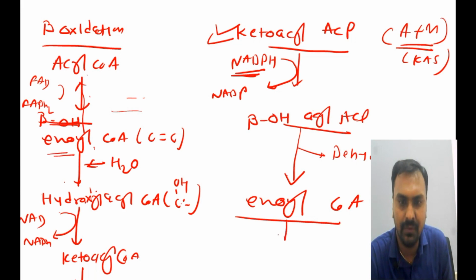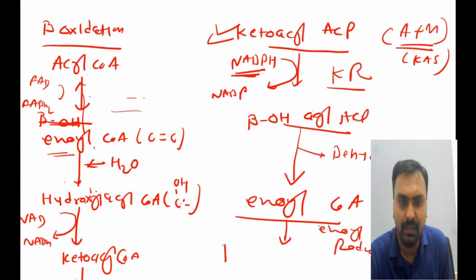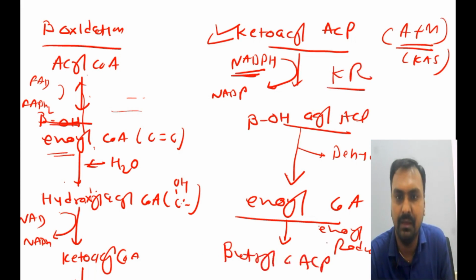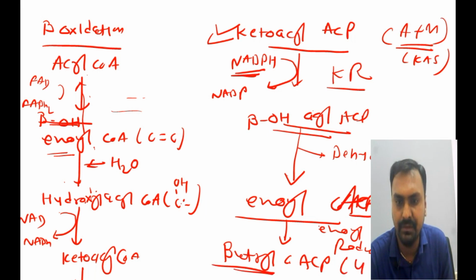So again this enoyl will be reduced with the help of enoyl reductase, and converted to butyryl ACP. Here beta hydroxyacyl ACP, enoyl ACP, and here butyryl ACP, which is the 4 carbon compound.